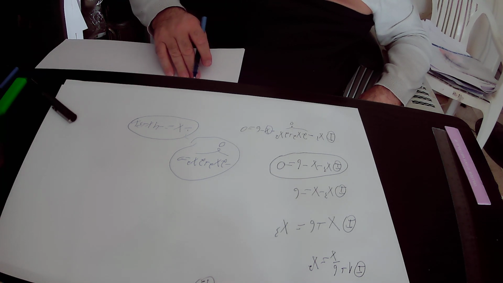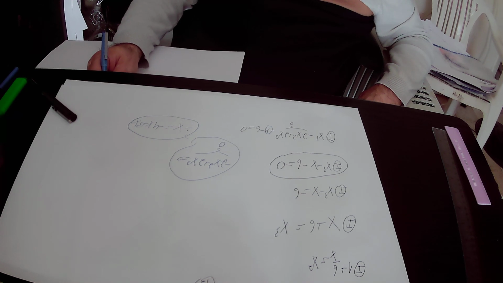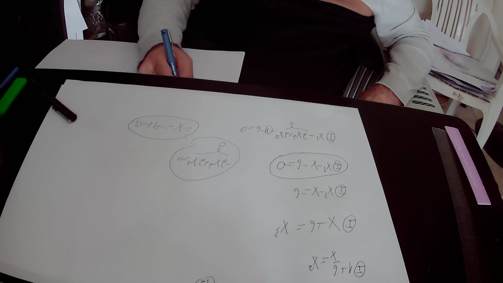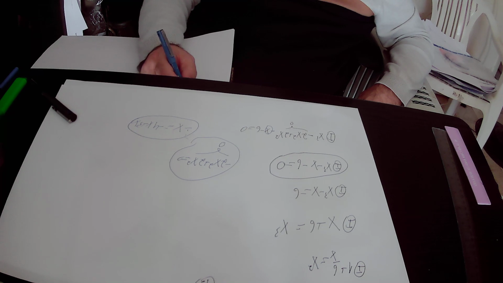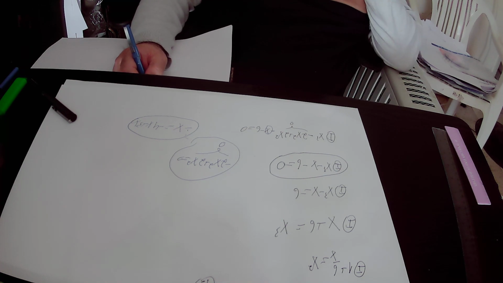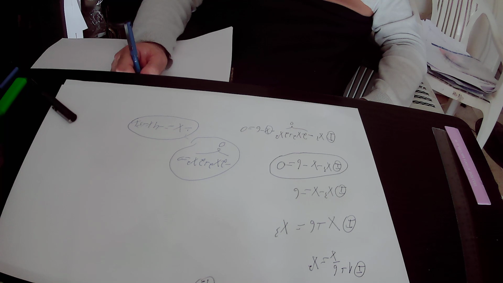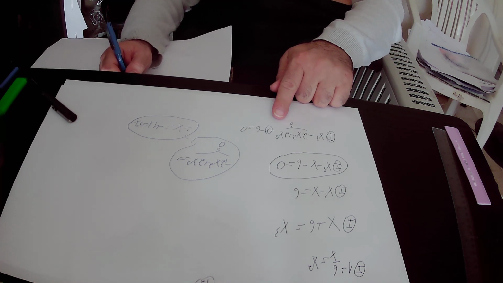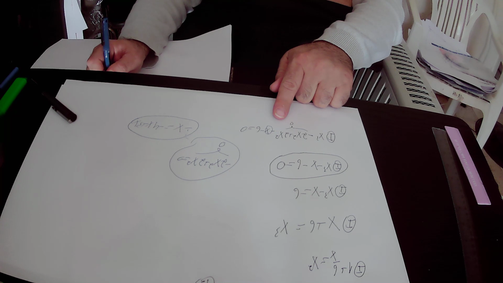And we will get that x cubed minus 2x squared plus 2x squared, and we'll substitute minus x by minus 4x plus 3x, minus 6 equals 0.